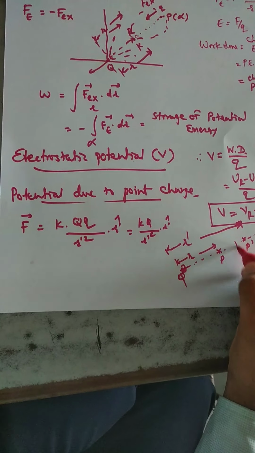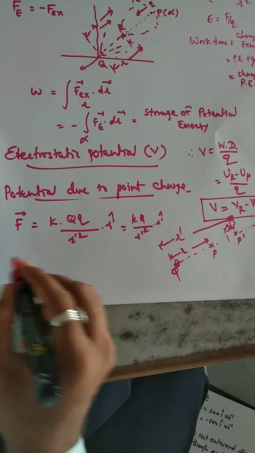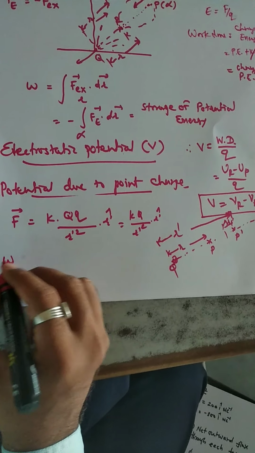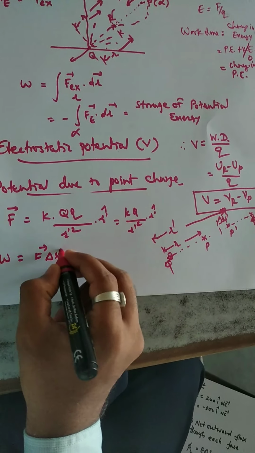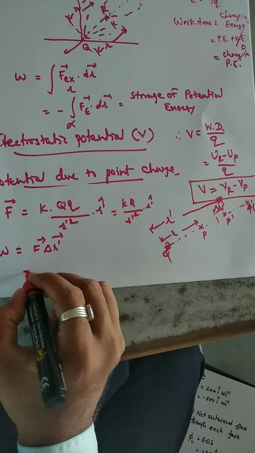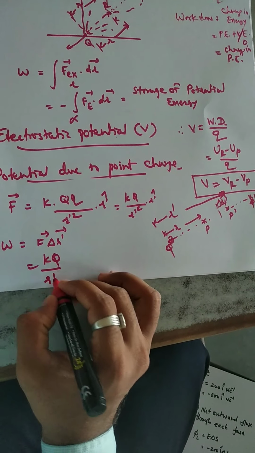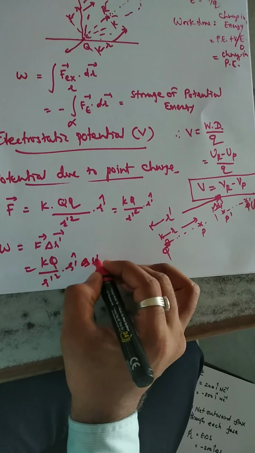Now if I go through a small displacement delta r dash, for this small displacement delta r dash, the work done is equal to F dot delta r dash. Okay, and as you know F is equal to kQ upon r dash square r dash hat into delta r dash.